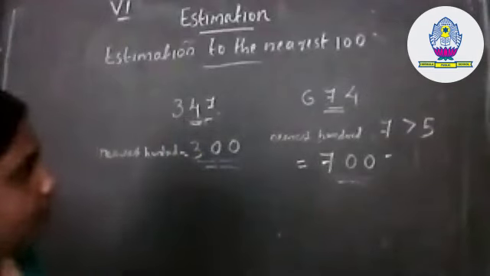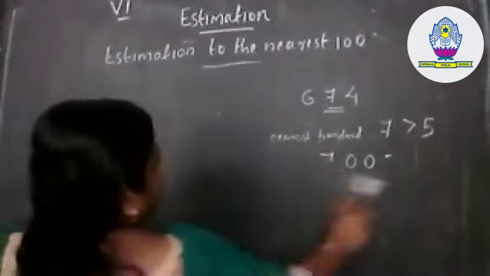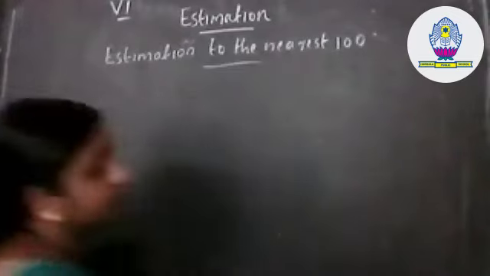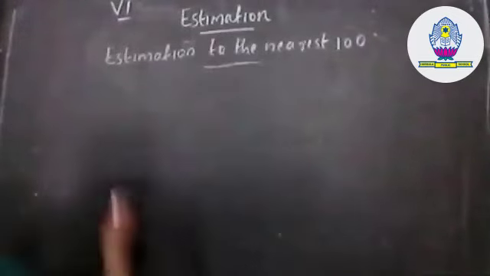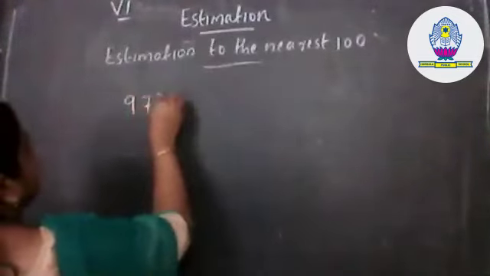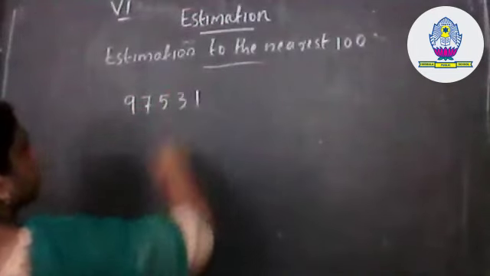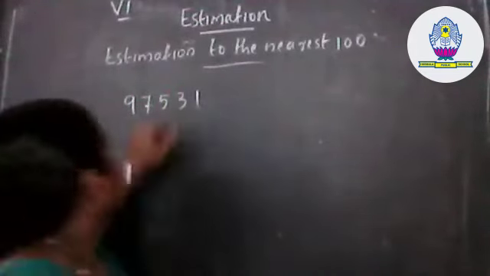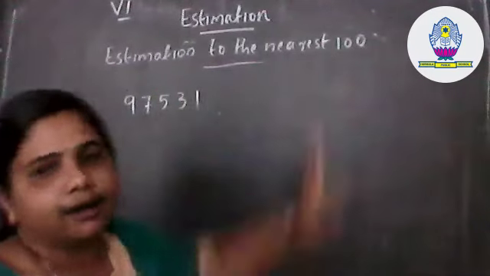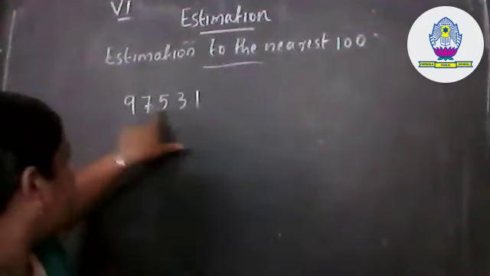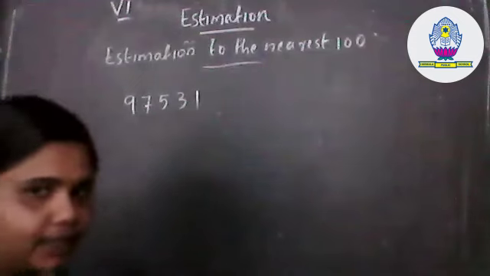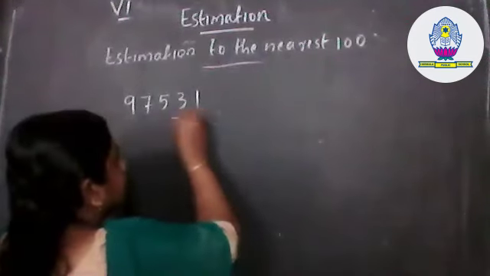Then the next problem, 97,531. Estimate to the nearest 100. We take the digit in the tens place.